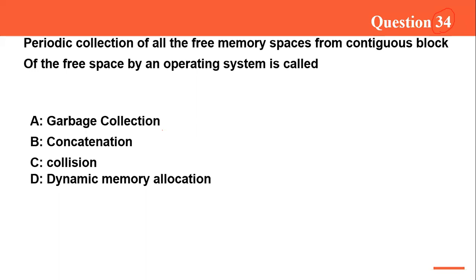If you want to allocate or deallocate memory, you have to do it manually, through malloc, calloc or realloc in C, and deallocate using the free function. If it is done internally, then it is called garbage collection. So the answer is garbage collection.